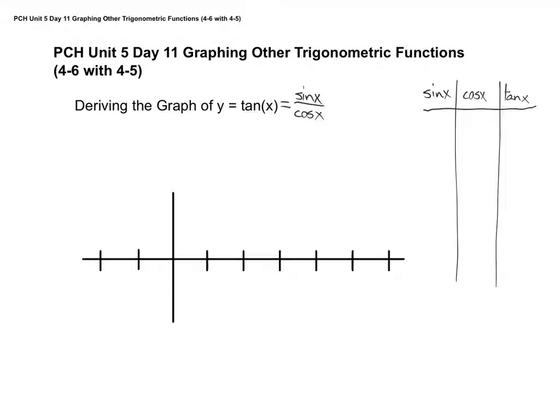Okay? So I'm going to start at 0, and then we'll do pi over 4, and then pi over 2, and then 3 pi over 4, and then pi, and then 5 pi over 4, and then 3 pi over 2, and then 7 pi over 4, and then 2 pi, okay?